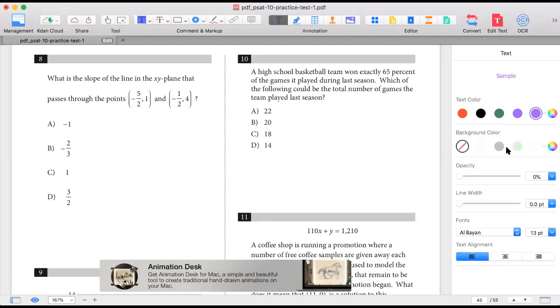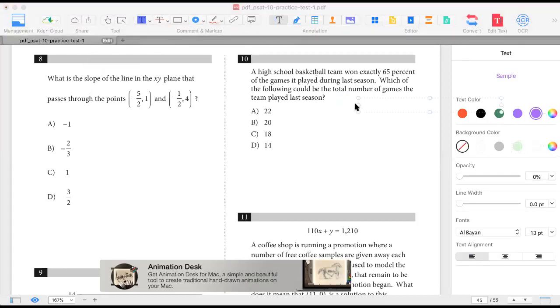I don't know any number except 65%. If I want to change 65% to a fraction, it could be written as 65 over 100.